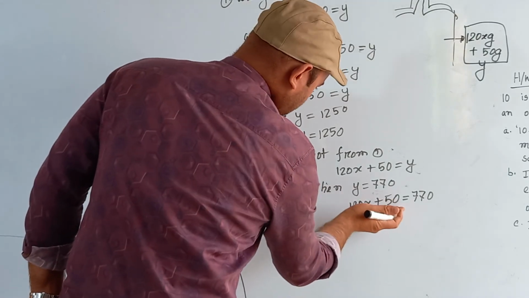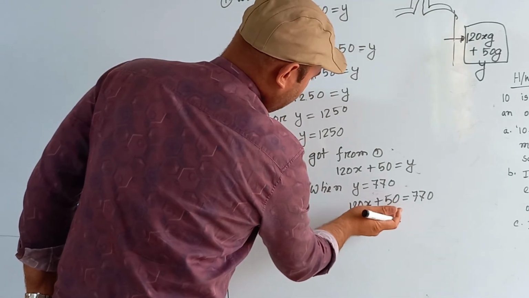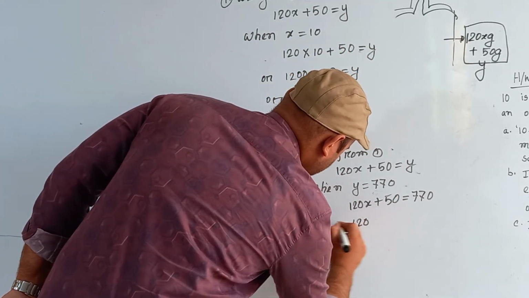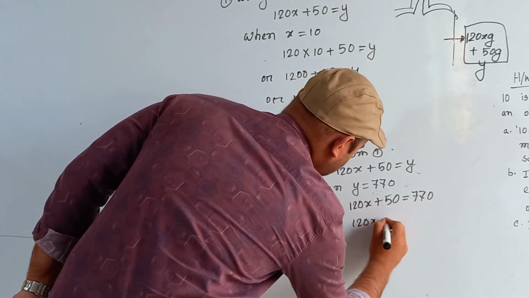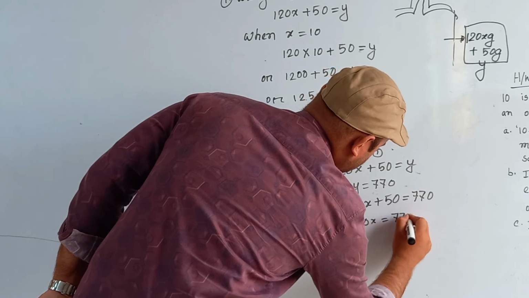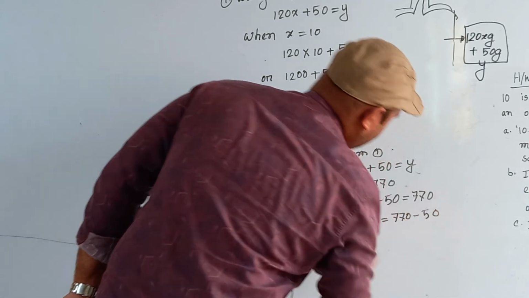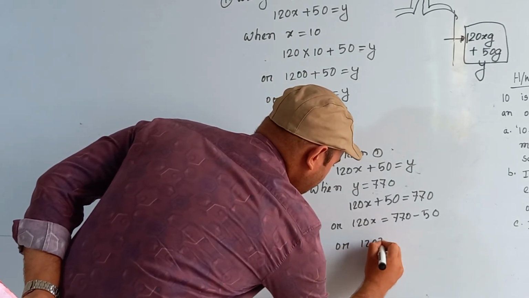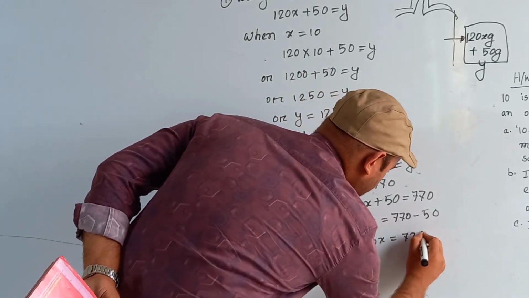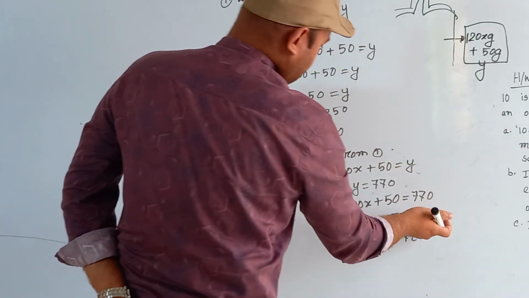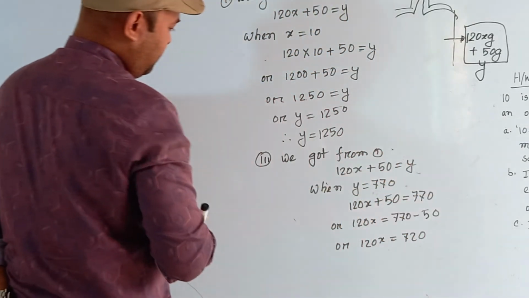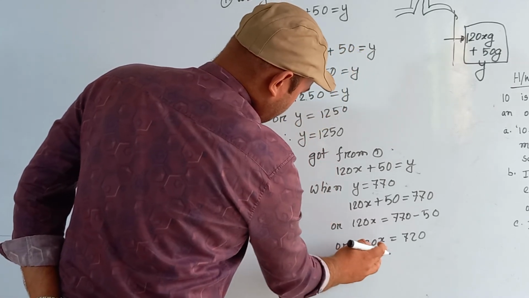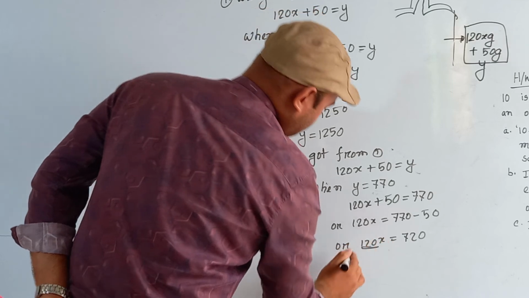Now look here, here is plus 50 on the left hand side. We can transfer it to the right hand side. It will be 120x is equal to 770 minus 50, and it will be 120x is equal to 720 after subtracting 50 from 770. Now look here, here is 120 multiplied by x.